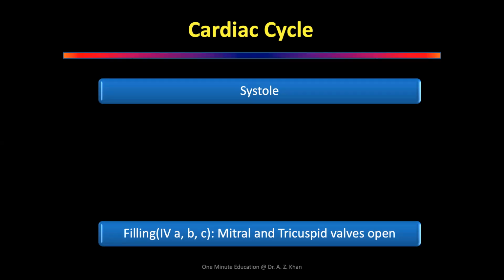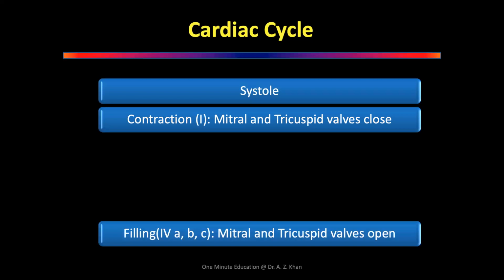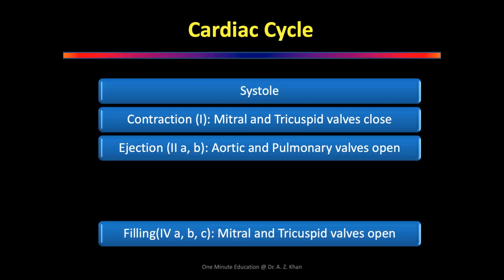So the first thing that happens is contraction, where the mitral and tricuspid valve close. The next phase, which is phase 2A and 2B, is ejection, when the aortic and pulmonary valves open.